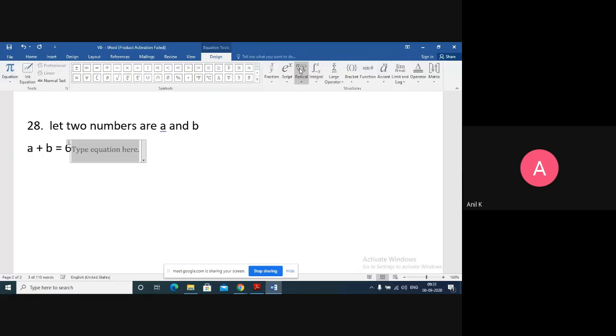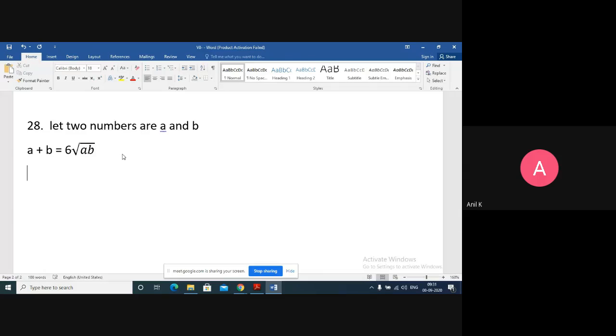So geometric mean means under root AB. This is what they have given, right? Under root AB. So we may call this equation number 1. Yes, this is the relation they have given. A plus B equals 6 times the geometric mean, which is under root AB.